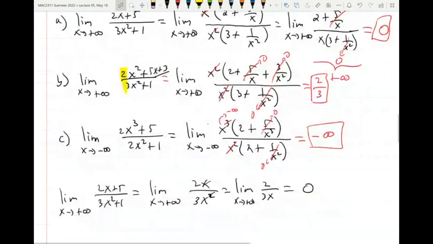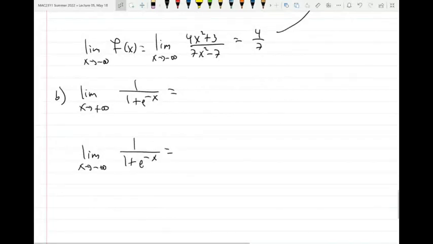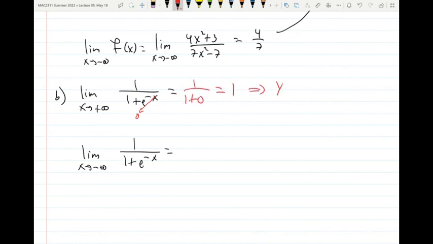I understand x approaches positive infinity, but we don't have e to the x, we have e to the negative x. So when x is positive infinity, negative x is negative infinity. So this is 0, so you get 1 over 1 plus 0, which is 1. So that means y equals 1 is a horizontal asymptote.